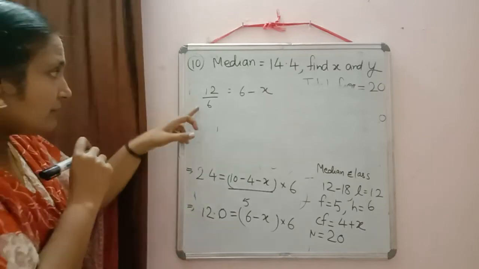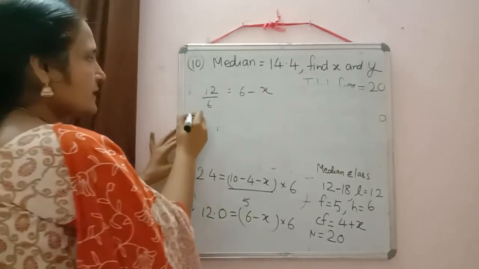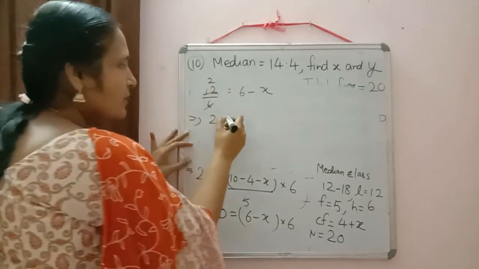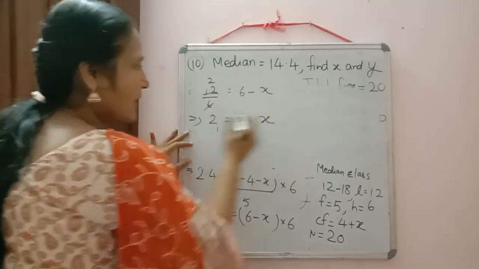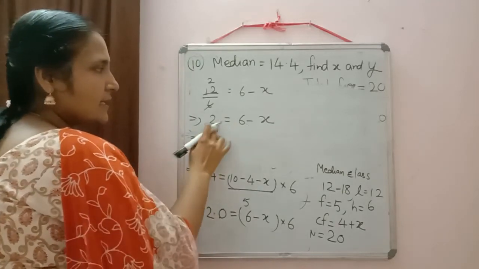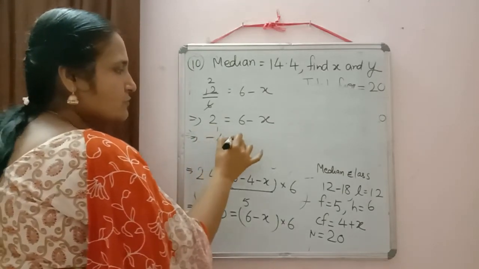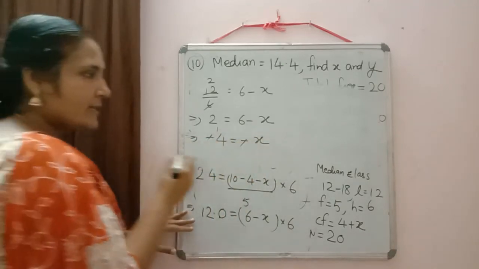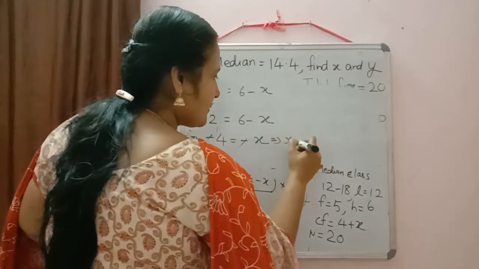Okay, then 12 divided by 6 is equal to 6 minus x. 12 by 6 will be equal to 2. So 2 is equal to 6 minus x. Now we can shift the 6 to the left hand side. So 2 minus 6, minus 4 is equal to minus x. Minus and minus will get cancelled. We will get x is equal to 4.